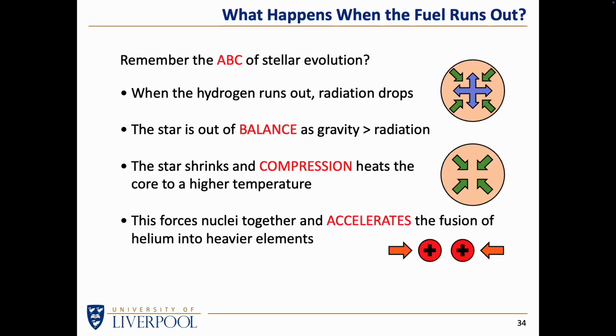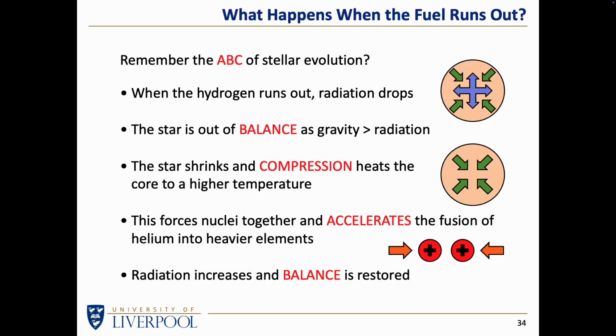When things get hotter, you accelerate the fusion process because you're overcoming the repulsion of protons who don't really want to get too close to each other because they're both positively charged. And you can either start to burn more hydrogen, or you can start to actually fuse helium into heavier elements. But regardless, if you accelerate the fusion process, you will increase the radiation, and the radiation increases, brings the star back into balance. Balance is restored.